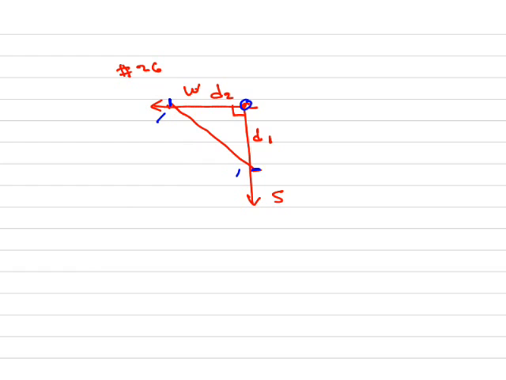So they want us to express the distance between the cars, which would actually be this distance here. If you've got car A down here and car B over here, and you want to find the distance between the two, it's a straight line between the two cars.